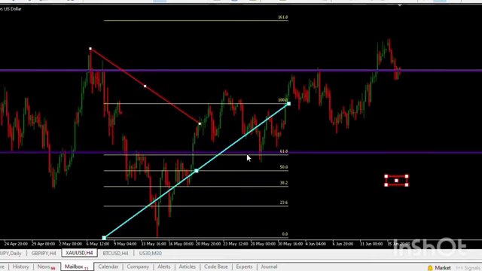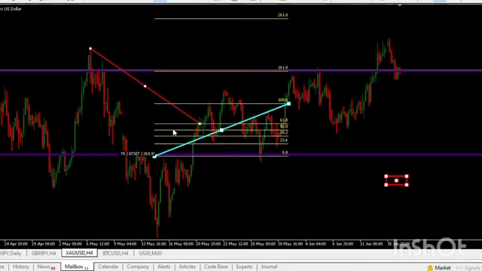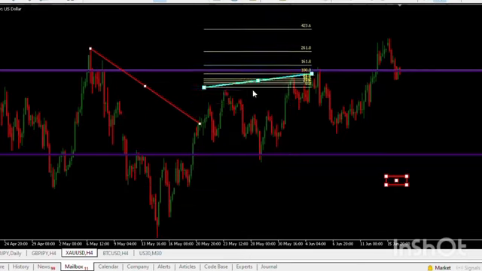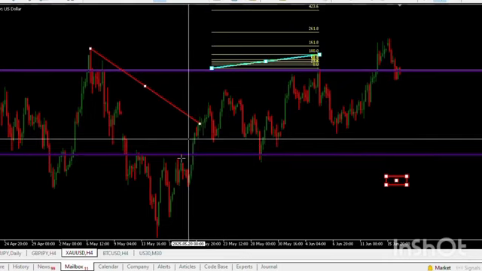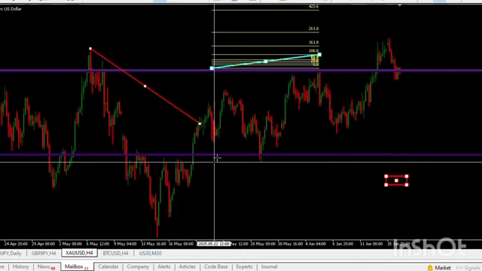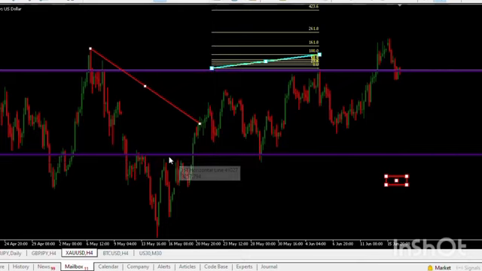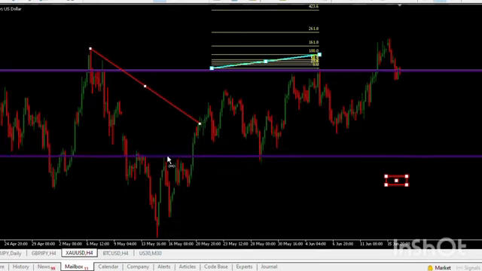So now we bring our neckline. Remember that this level where my horizontal line is was the place I considered as the break of my neckline. Also remember that at this point, where we see our resistance, I said the neckline break is that resistance being broken and also retested above it.